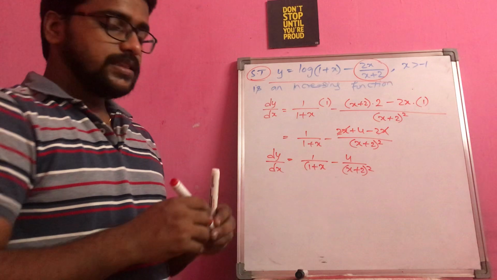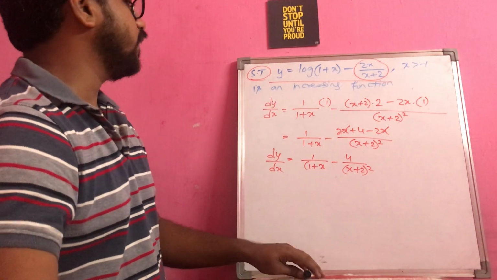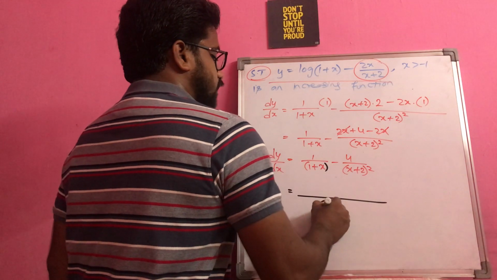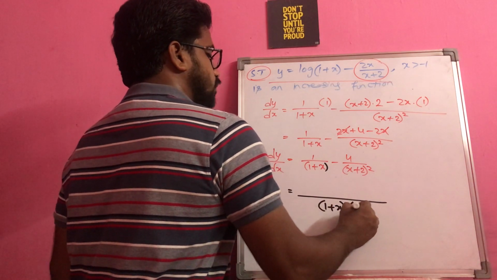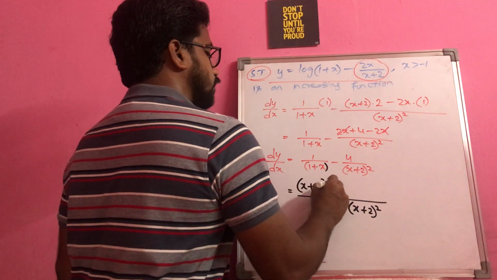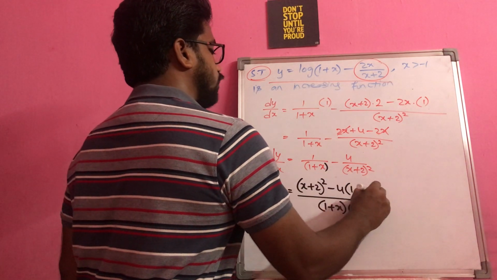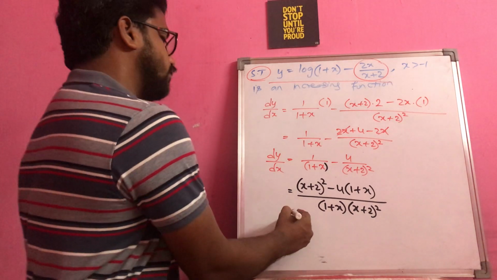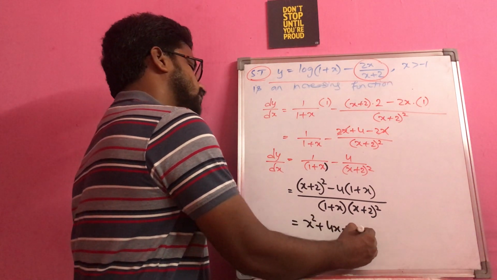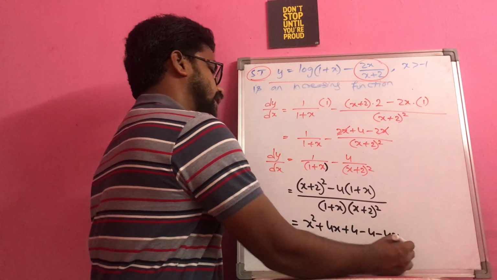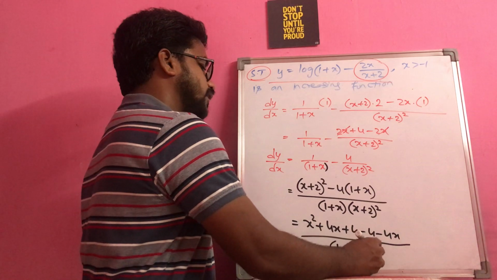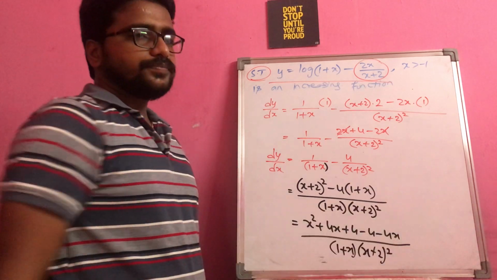Here I still have scope for simplification by taking the LCM as 1 plus x into x plus 2 whole square, and the numerator is x plus 2 whole square minus 4 times 1 plus x. Now simplify this further. x plus 2 whole square means x square plus 4x plus 4 minus 4 minus 4x, divided by 1 plus x and then x plus 2 whole square.